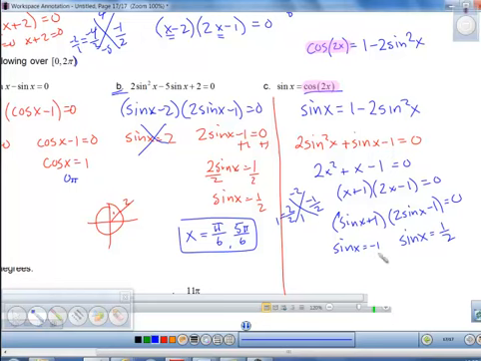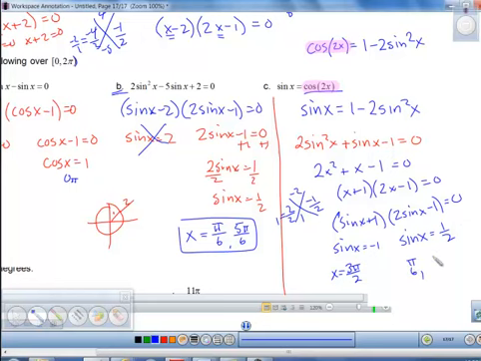Okay, now we just look where this is true. What's the angle that gives me negative 1 for the sine? So I look at my chart. Where's negative 1 for sine? It's at 270 degrees. So then that's going to be 3 pi over 2. That's this one. Okay, now where's sine positive 1 half? Sine is positive 1 half at 30 degrees, which is pi over 6.